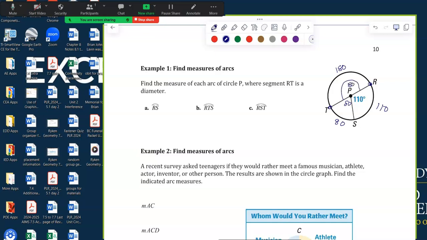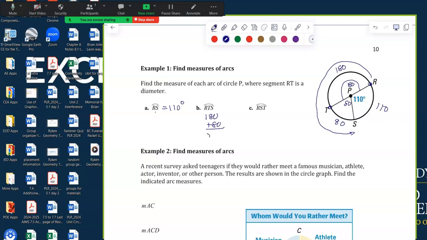So now that I did that, can I answer these questions? Arc RS is going to be 110 degrees. Now, when they say arc RTS, that means you've got to go this way. Okay, RTS. That's going to be 180 plus 80.